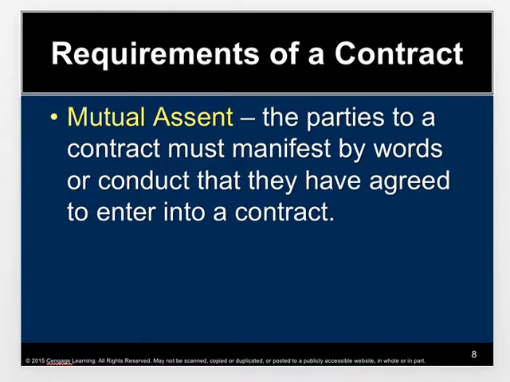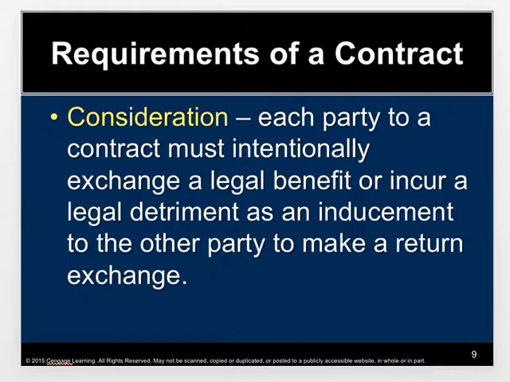So in other words, there has to be this mutual assent. Both parties need to want to enter into an agreement or a contract. And so that's what we mean by mutual assent. One party is not enough. You need both parties to agree and to want to do this.